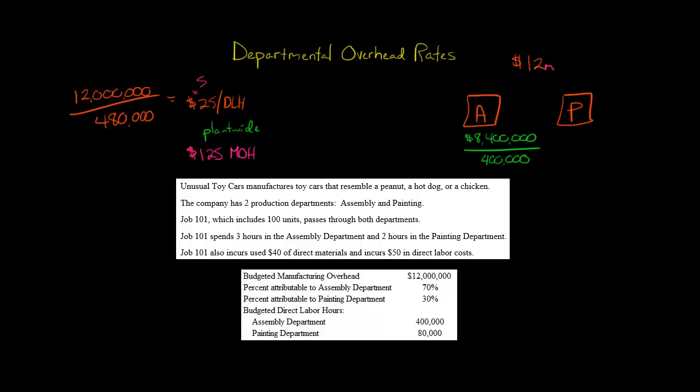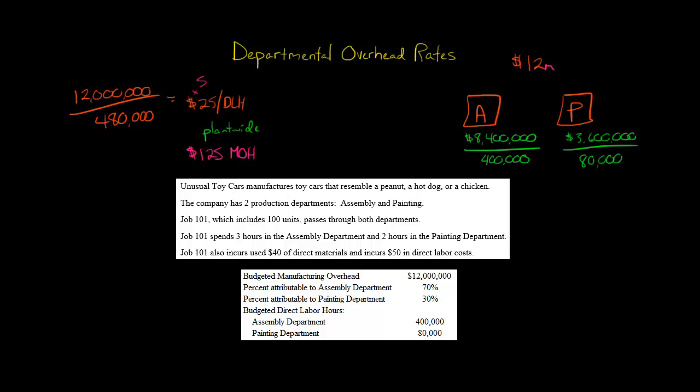For the painting department, the remaining 30% of the manufacturing overhead is attributable to painting. That's $3.6 million, or $3,600,000, divided by 80,000 direct labor hours.